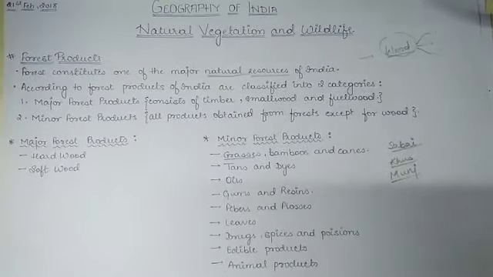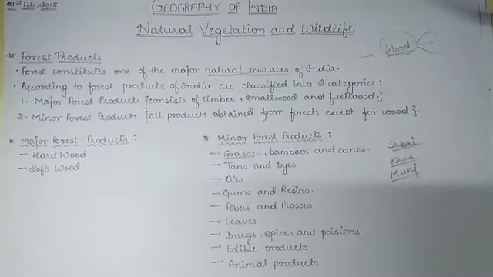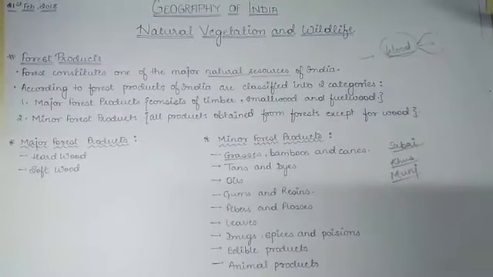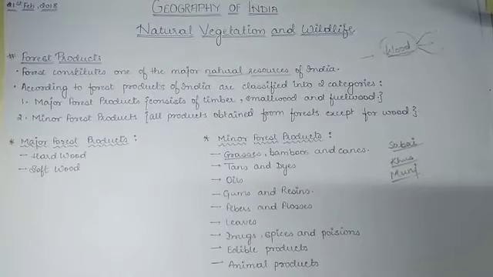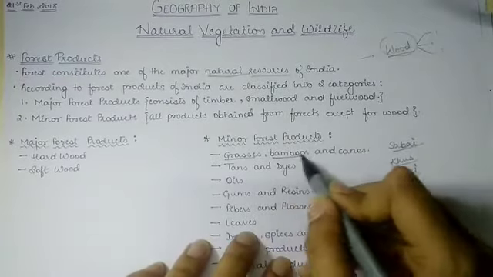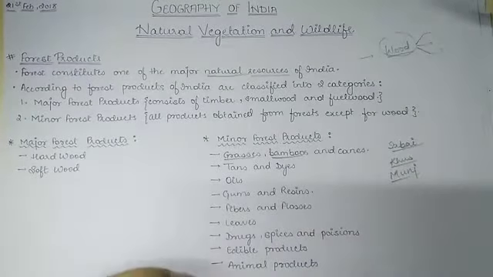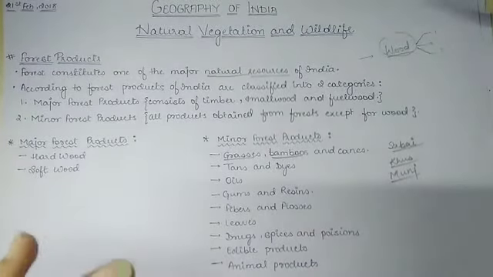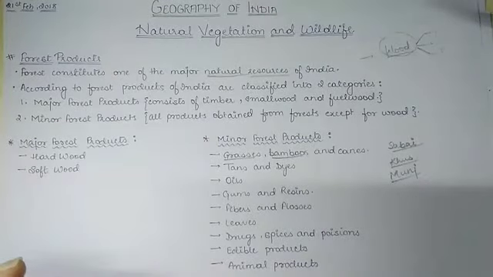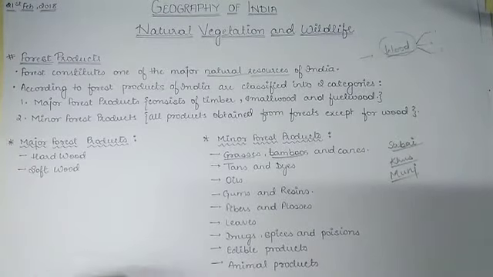Apart from this, bamboos are also used for making paper pulp, for packaging, and various other purposes. Then we have canes. Canes grow abundantly in moist forest. We find these canes in forests of Andaman Nicobar Islands, Karnataka, Madhya Pradesh, Kerala, Maharashtra, Nagaland, Manipur.